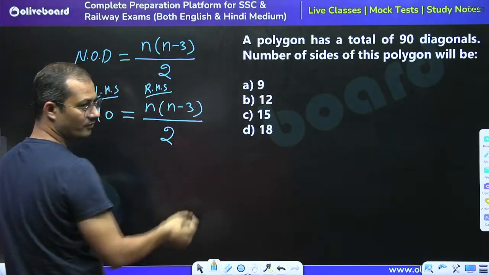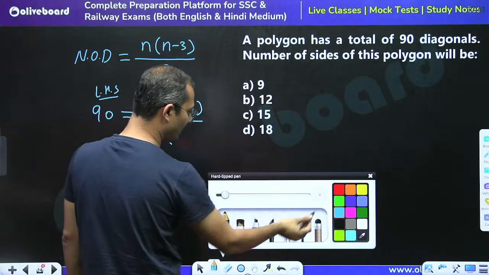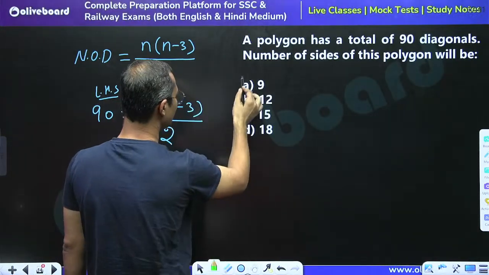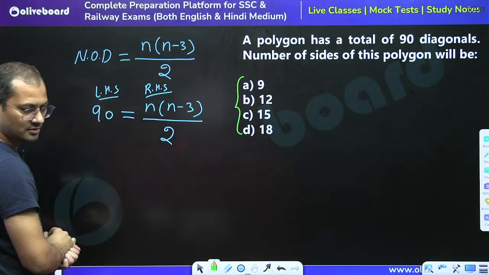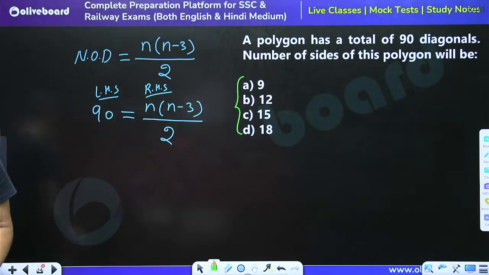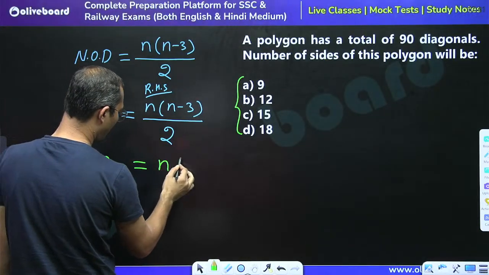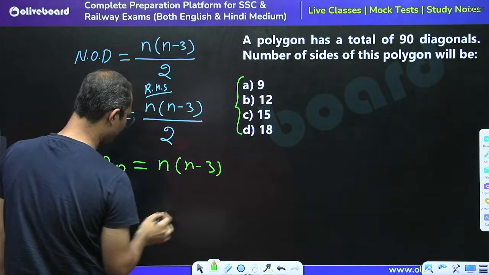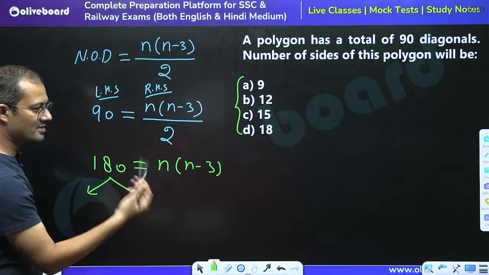So use the value putting approach. Now tell me, by using the options, which option is going to satisfy it? Or we can solve it: 180 must be equal to n bracket n minus 3, or take any two factors of 180 whose difference is equal to 3.